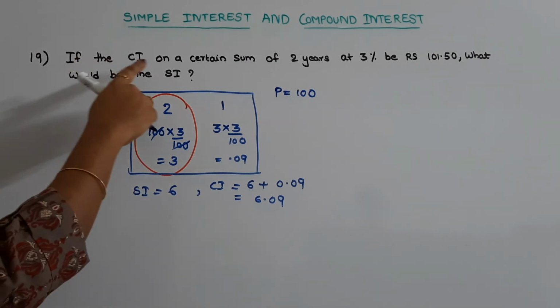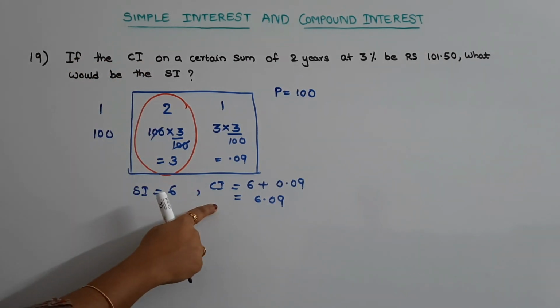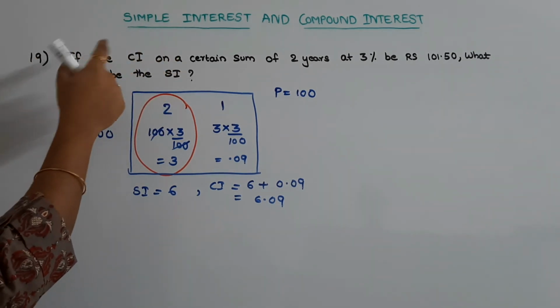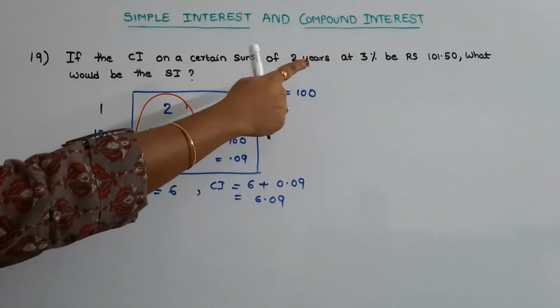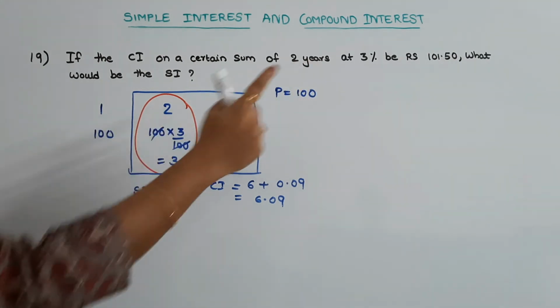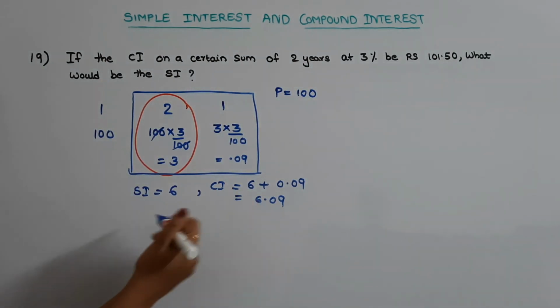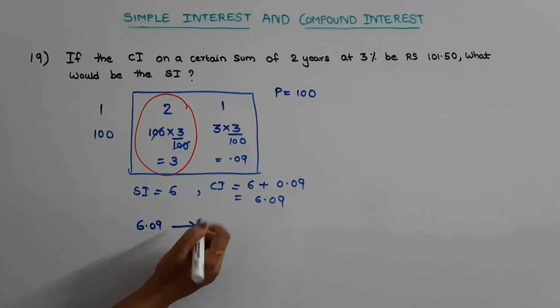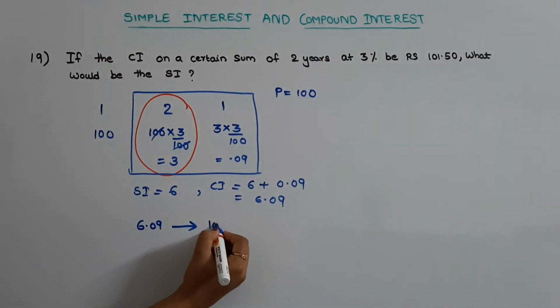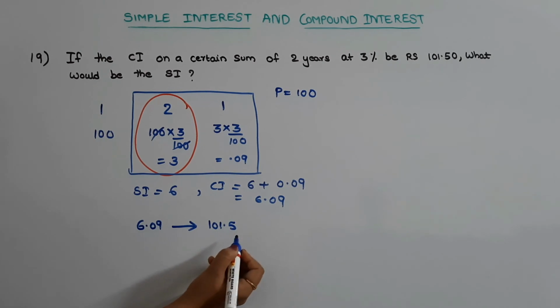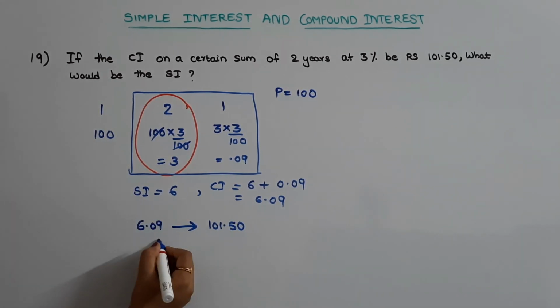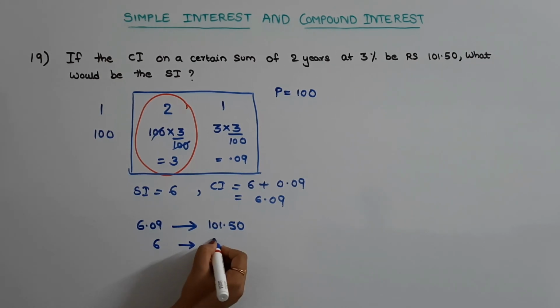But we need to find out the interest for the principal given here. We don't know what the principal is, but we know what the compound interest is. Here the compound interest is 6.09, and this compound interest is written in the question as 101.50. Then what will be the value of simple interest?